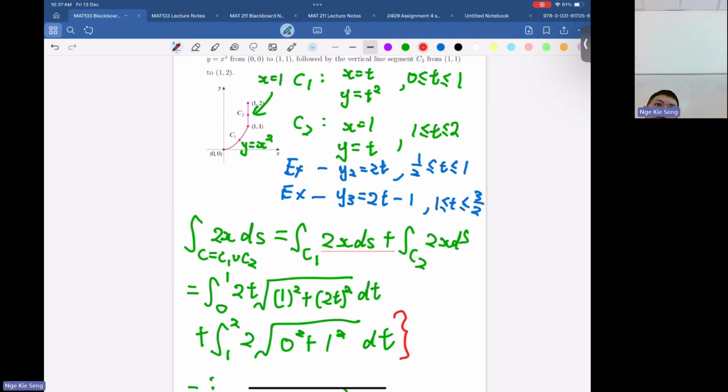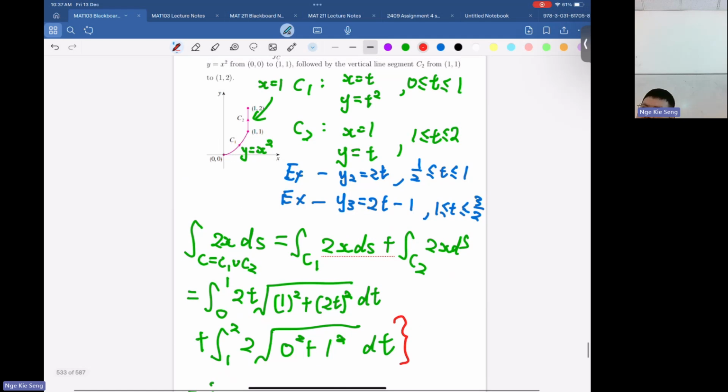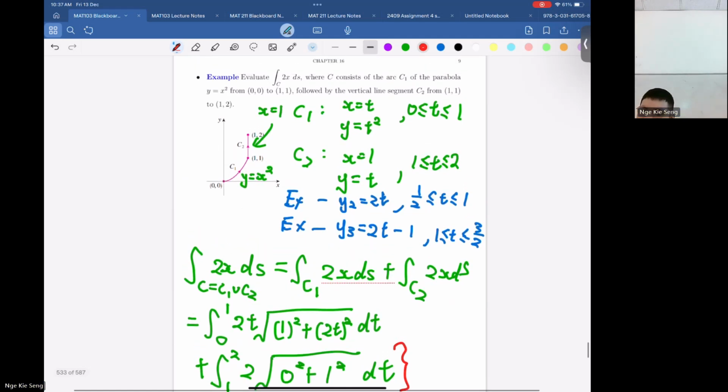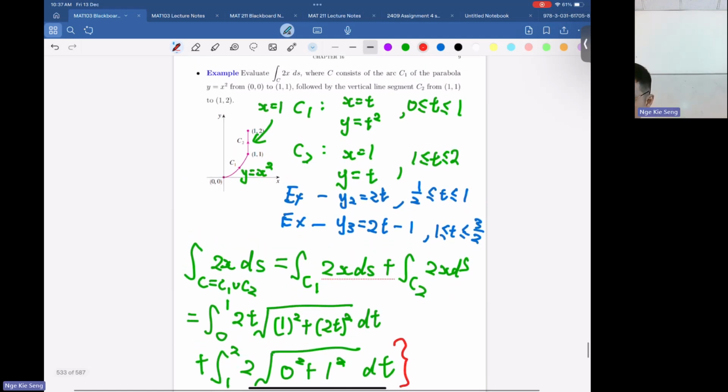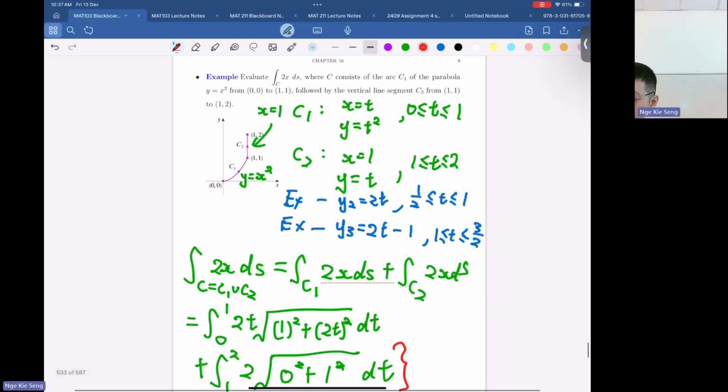C2 is a straight line, no? And then, what is the area under C2? What do you think? When you substitute x equals 1, the function becomes constant or not? Meaning what? All these points have the same height.